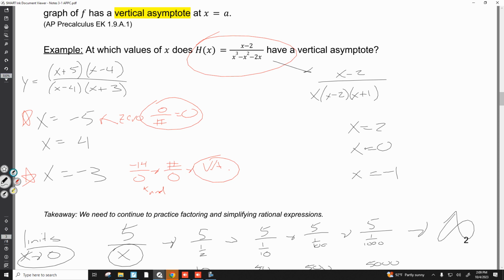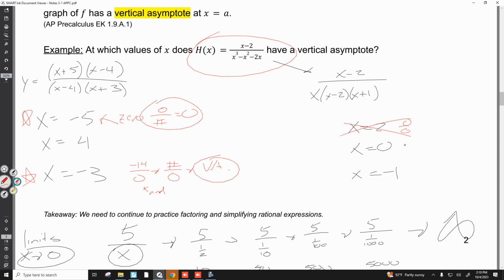We identify which one of these zeros will produce a number over 0, because that's a vertical asymptote. 0 over a number is 0. If I plug in 2, I get 0 over 0. We have not talked about 0 over 0 yet, so this is not a vertical asymptote. It is an important value.